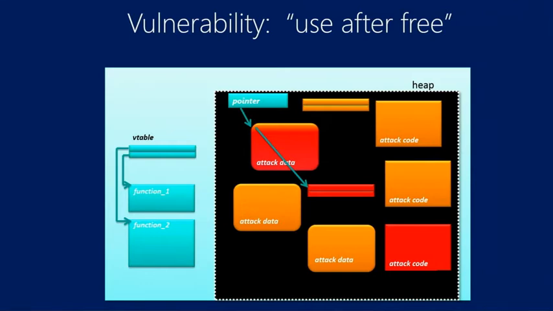Now what happens is when the object gets freed, somebody is able to go in and spray the heap with attack code. So then when we called that E1 source element function, we actually invoked a virtual method which basically called the attack method.